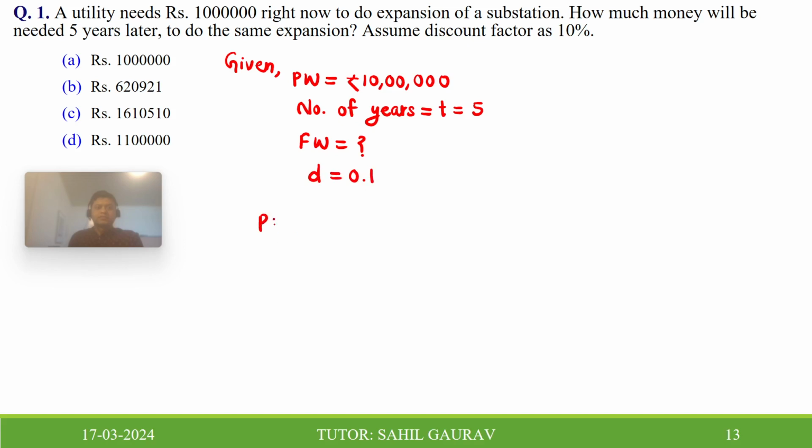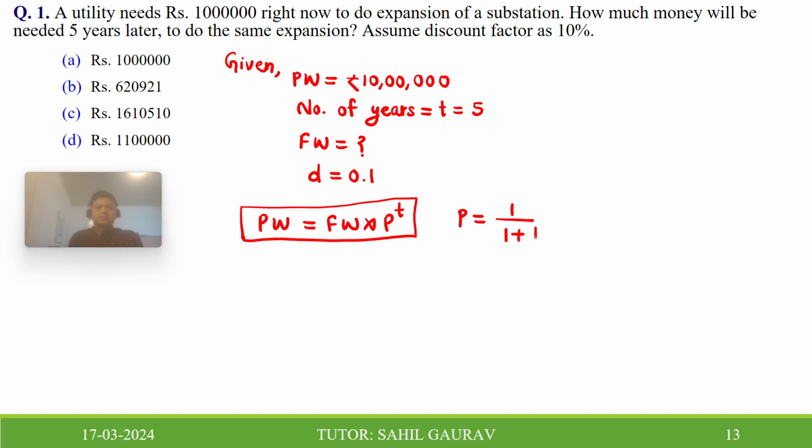We know the relation: present worth equals future worth times p to the power t, where p is the present worth factor. The present worth factor is denoted as 1 upon 1 plus d.